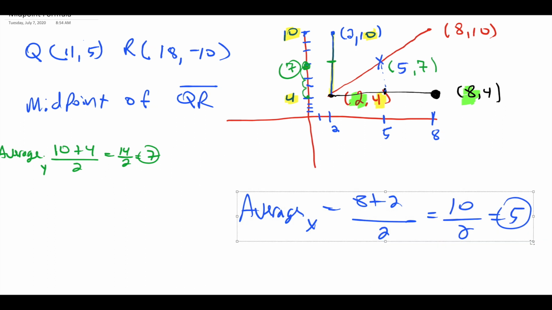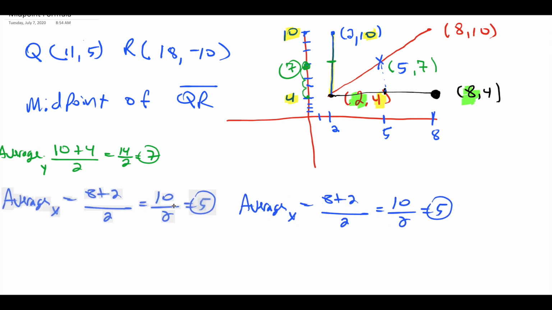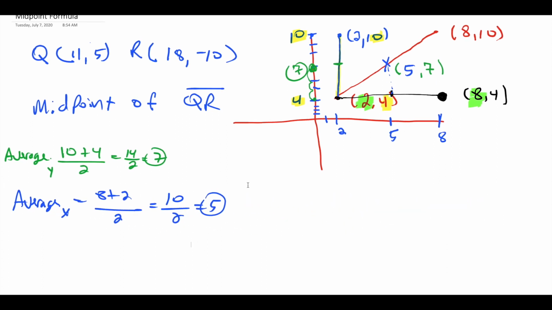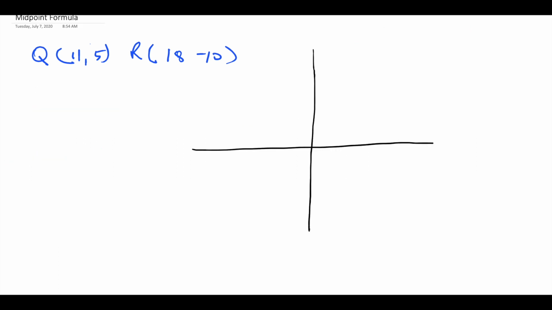All right, so now let's do it the way that you should do it. Let me just erase all this stuff. For this one, you're going to find your midpoint. And what I do, to get a visual, is I just put the points anywhere. It doesn't really matter. You don't have to put them in their proper locations. So I'll put Q here, 11, comma 5.